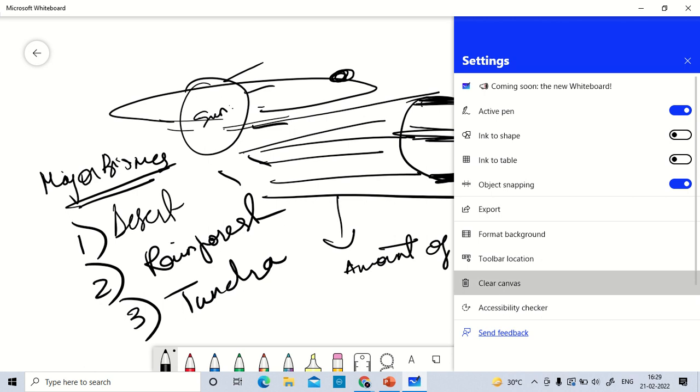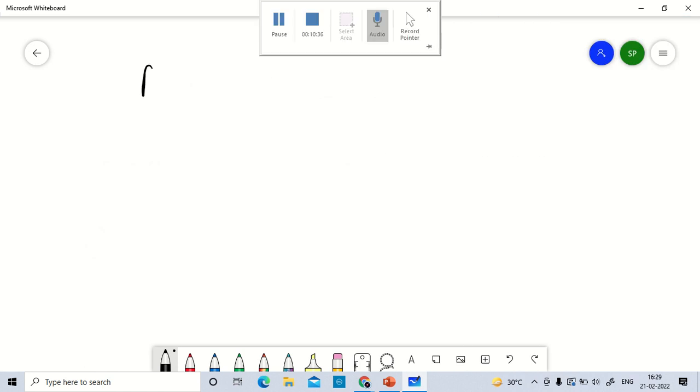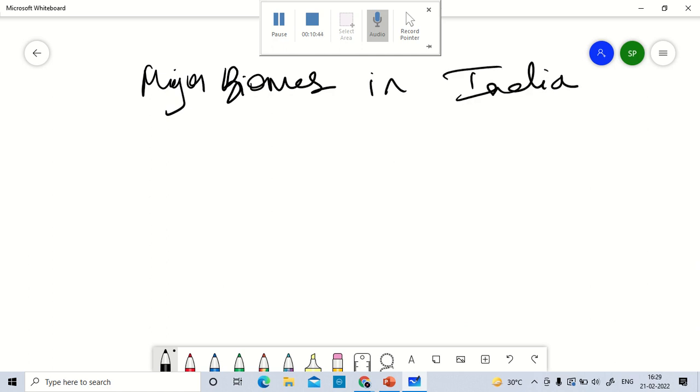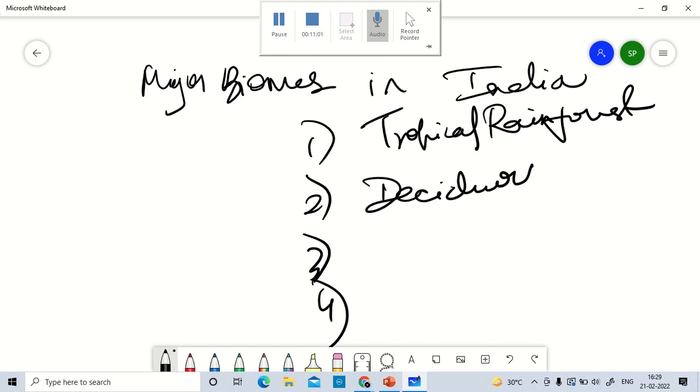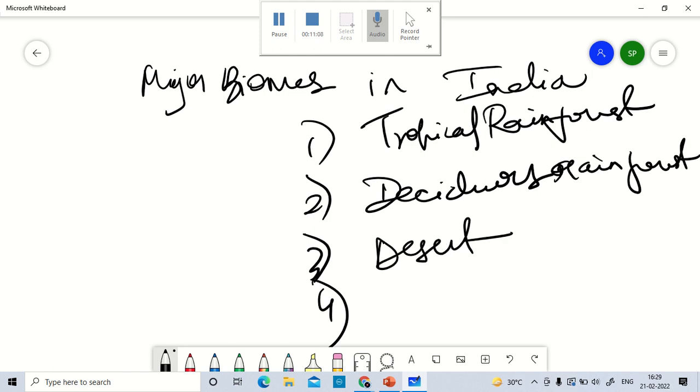Now, if someone asks about major biomes in India, then you can say tropical rainforest, deciduous forest, desert, sea coast.